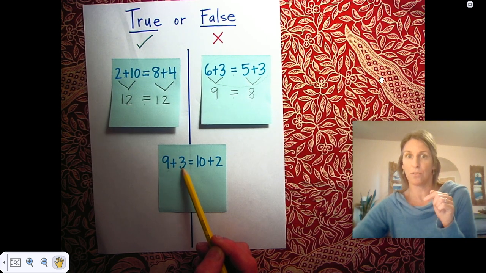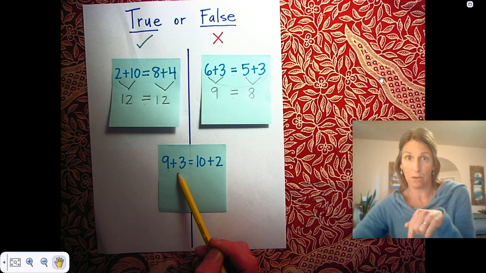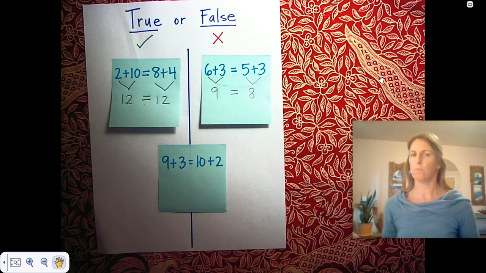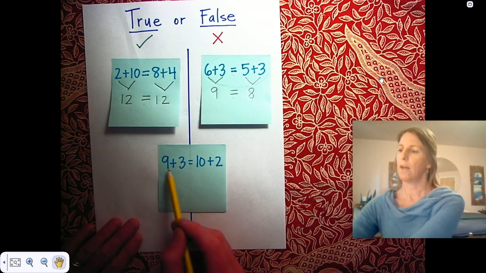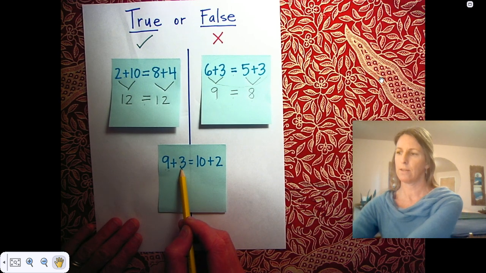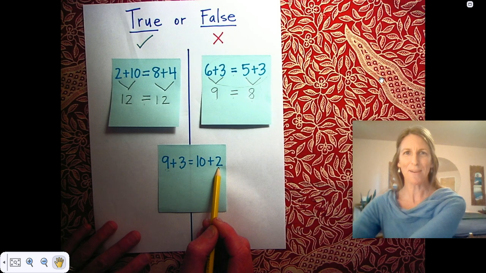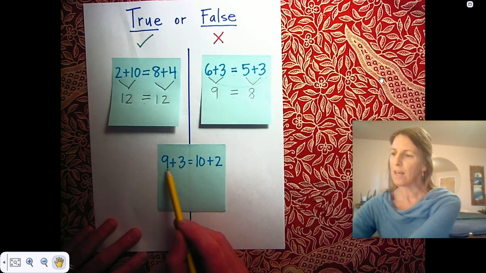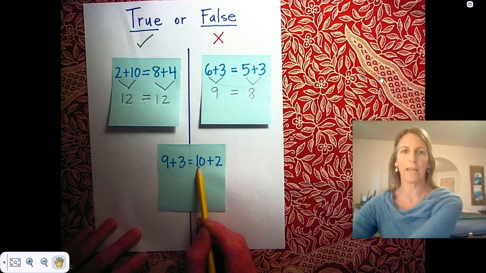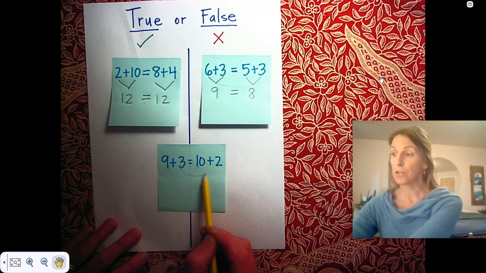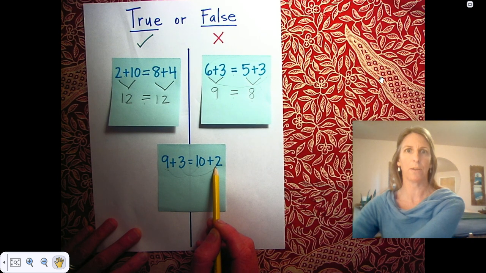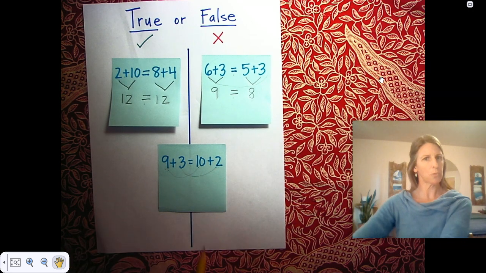So we'd have to turn this 3 into a 2 and go down by 1. So look at this. 9 plus 3 equals 10 plus 2. Do you remember that strategy I taught you? Look at the 9 turned into a 10. It went up by 1. And the 3 turns into a 2. It went down by 1. Let's see if this works.